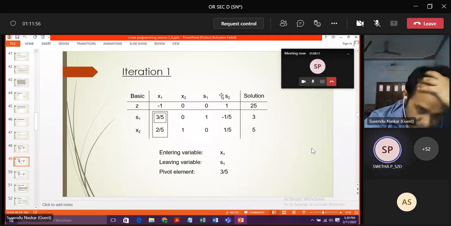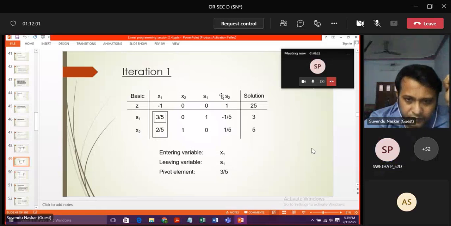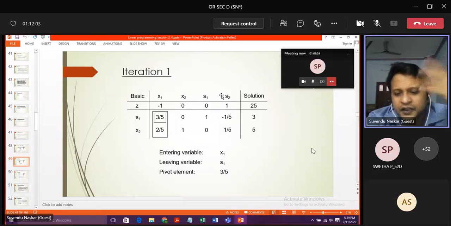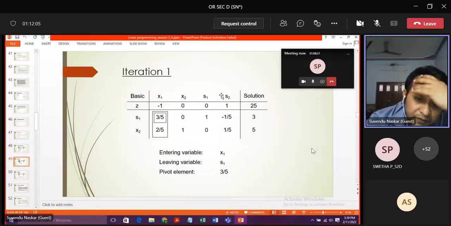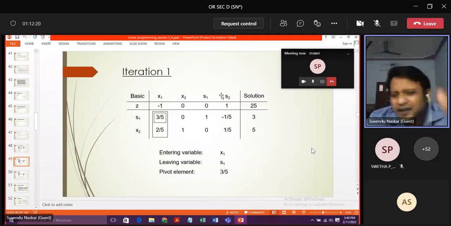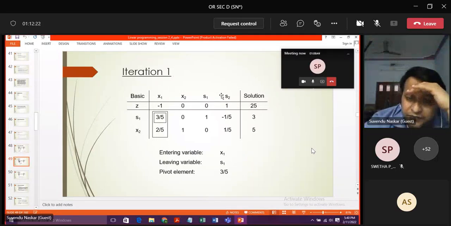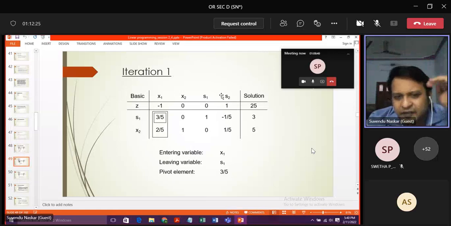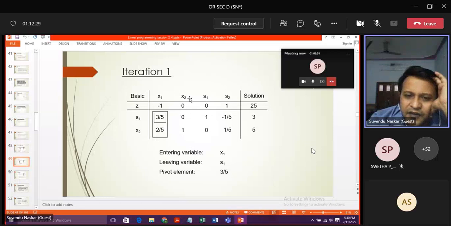Wouldn't it be easier to do the row operations before we divide? It's possible. You are thinking it will be easier because you are comfortable with matrix formation. But to answer in the exam, we try to follow this standard simplex structure where our objective is to ensure that all the other elements are 0 and this is 1.